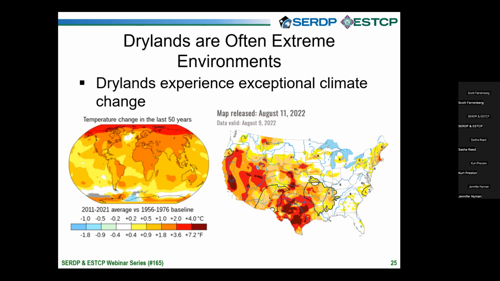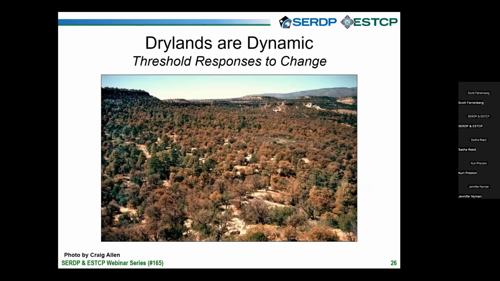New estimates suggest that our drylands here are experiencing a drought that they haven't experienced in at least 1,400 years. So really extreme deficits in moisture that the ecosystems have to face and that our land managers have to deal with. So understanding these changes and how the systems will respond to such changes is especially important.